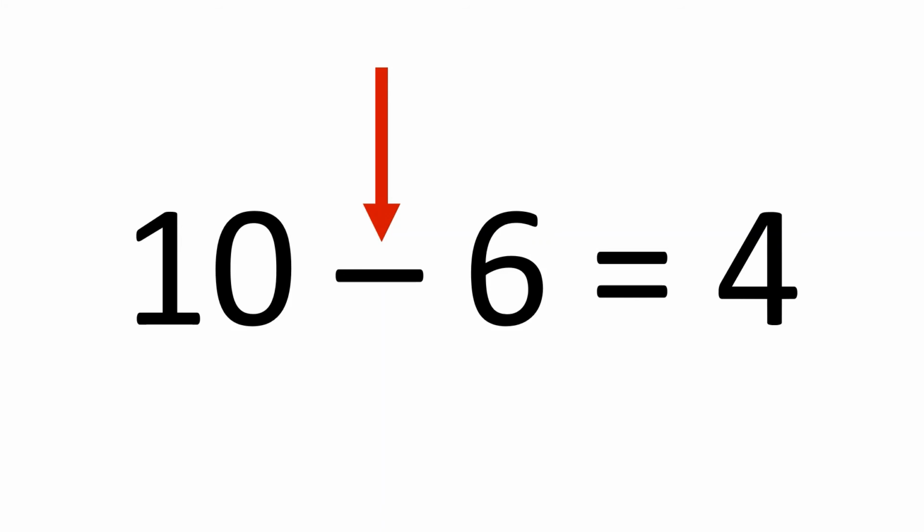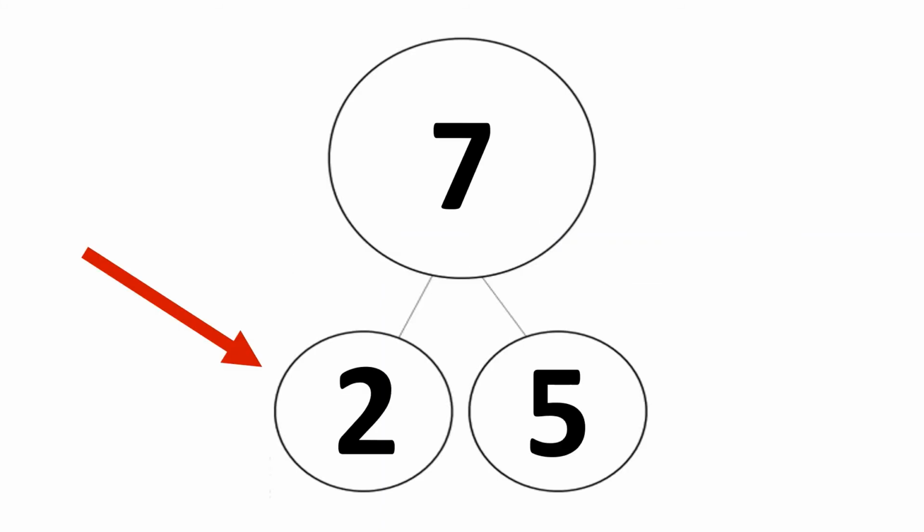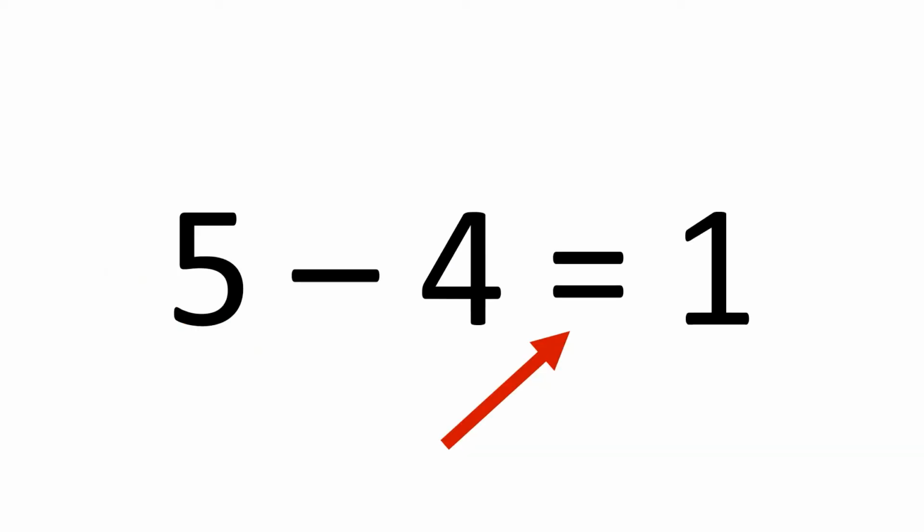We use it when we are subtracting. Here's the next one. Ready? Go. Is this arrow pointing to the whole or part of a number bond? The part. This is the part of a number bond. What is this sign called? An equal sign. This is our equal sign.